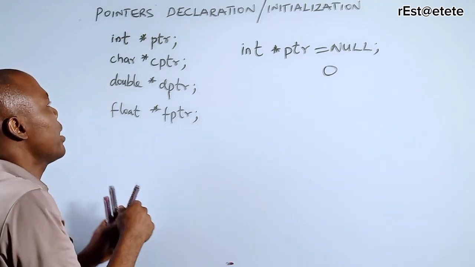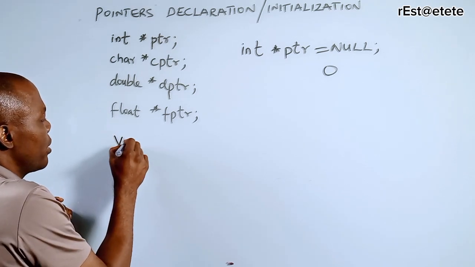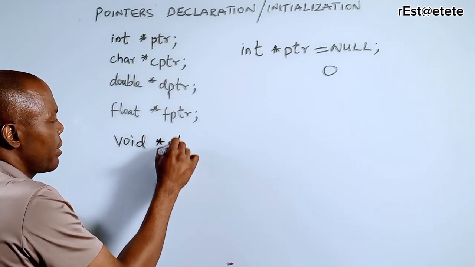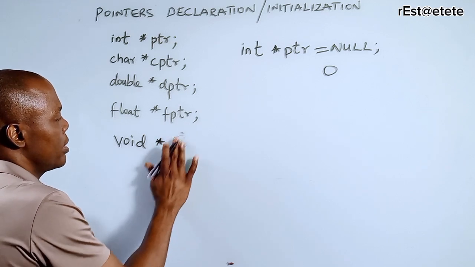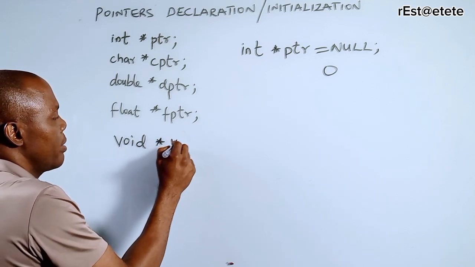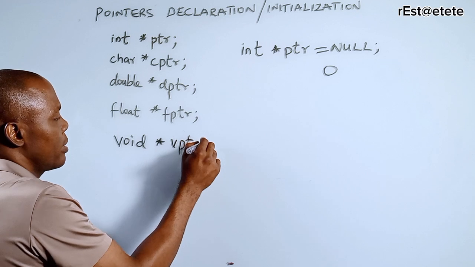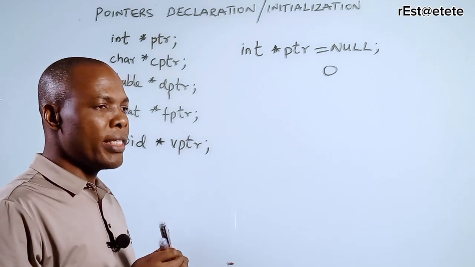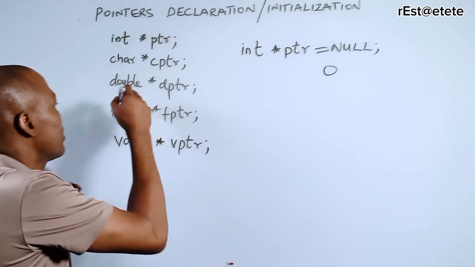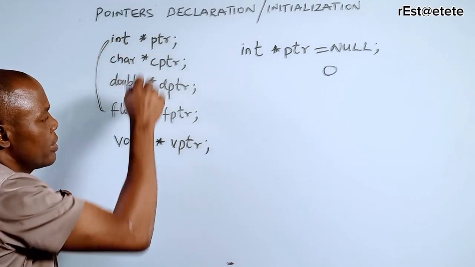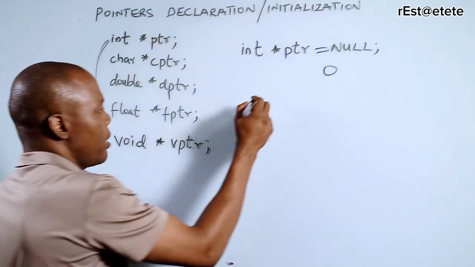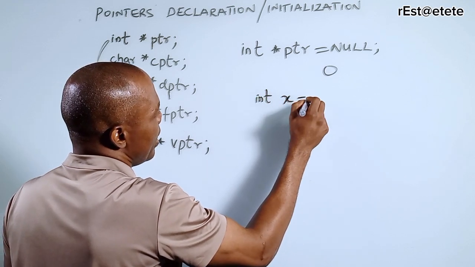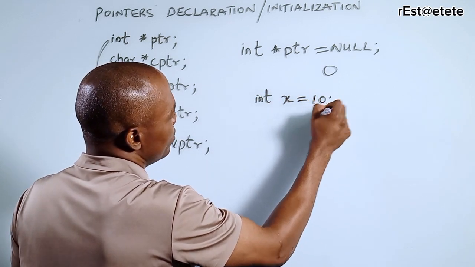That is very important. Then I can also declare a void pointer. Let's call this vptr. So this is a void pointer. Now, a void pointer is a pointer that can point to any of these. So I can say int x, assign 10 to it.